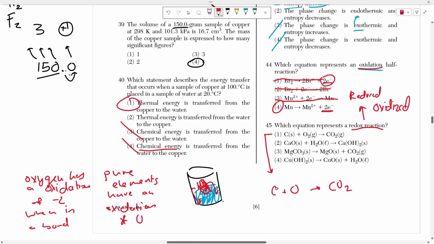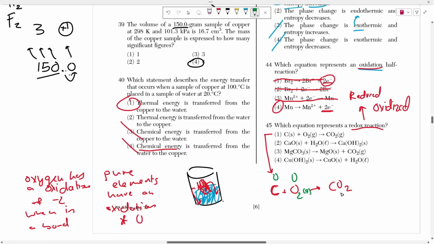So here we have solid carbon. Carbon is a solid at STP, so we know that its oxidation state is 0 for now. Then we see here that we have O2, which is a gas. Remember that oxygen exists as a gas in nature, and it exists as a diatomic element. It's O2. So the oxidation state here also has to be 0.